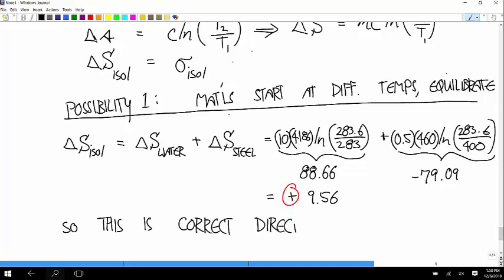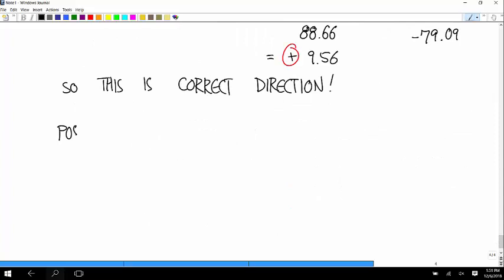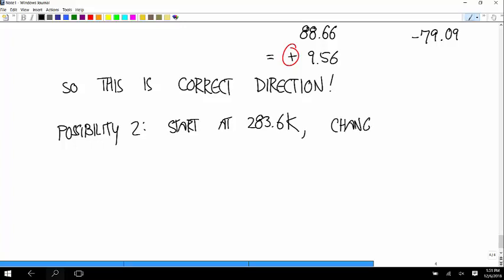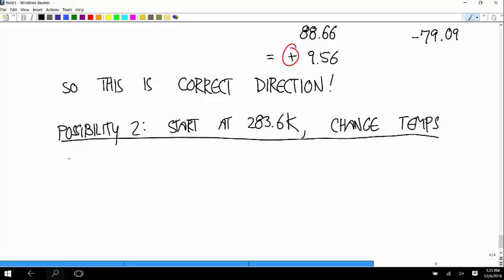Okay, this won't take very long, but let's think about what would happen in the case of possibility 2. They both start at 283.6 Kelvin and then change temperatures. Well, then we'll be adding up the entropy of the water plus the entropy of the steel.